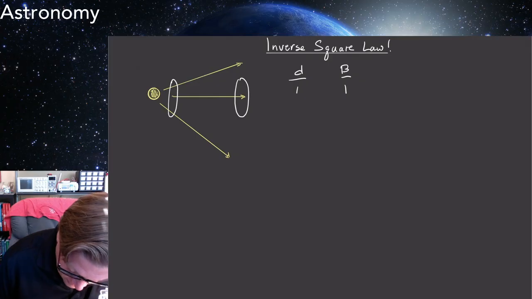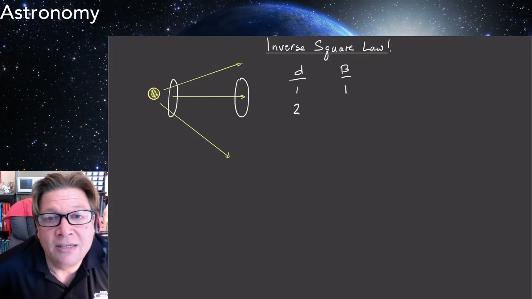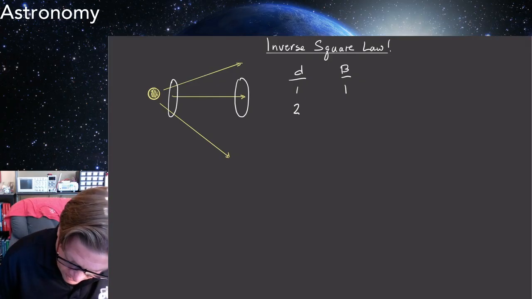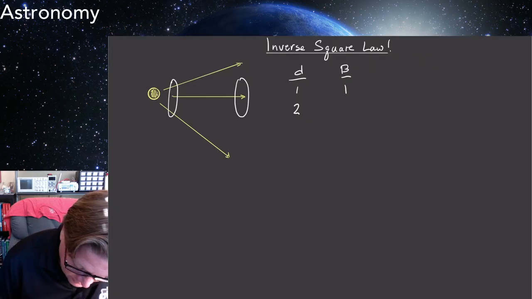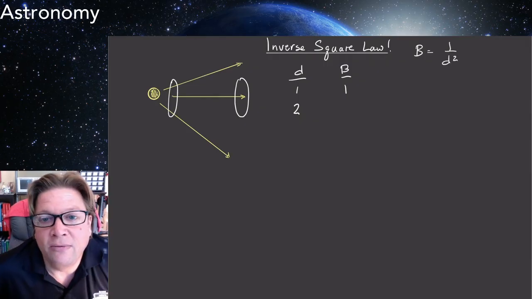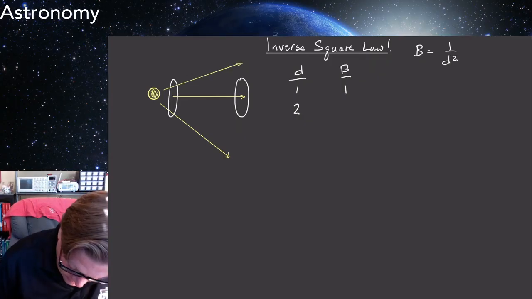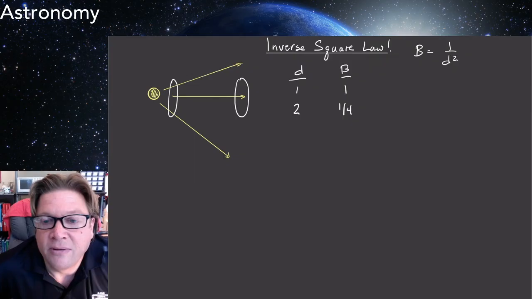If I go 2 units away, if I double the distance, then the inverse square law says that the brightness goes down as 1 over the square of the distance. Okay, so if I go twice as far away, then the brightness is only a quarter as much.